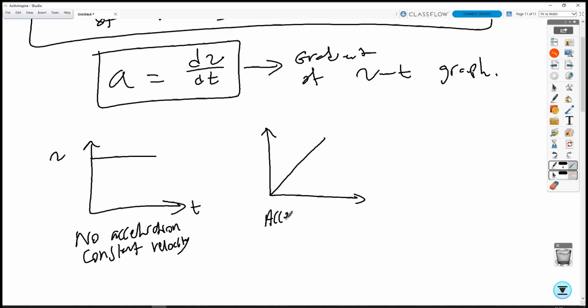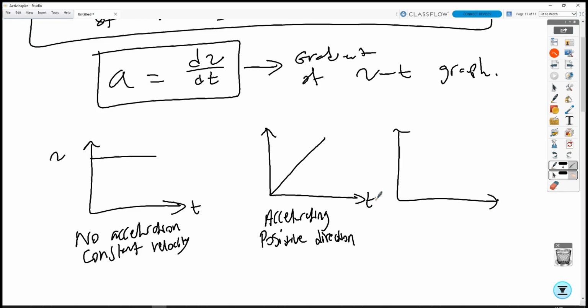This is accelerating, same direction as velocity, or positive direction. And then here we can have accelerating in the negative direction.